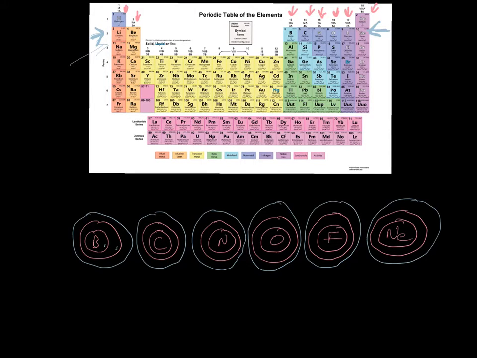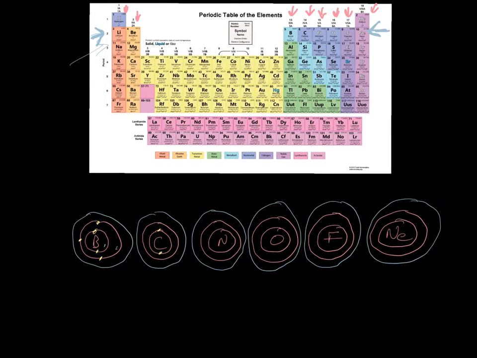All right, so boron has 5 electrons, so we can fill them in. 1, 2, 3, 4, and 5. That's fine. That's boron. It has 5 electrons, 2 in the first, and 3 in the second. Now we go on to carbon. It has 1, 2.